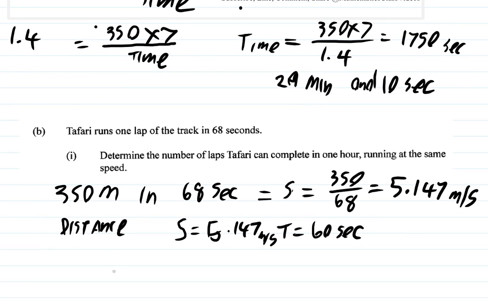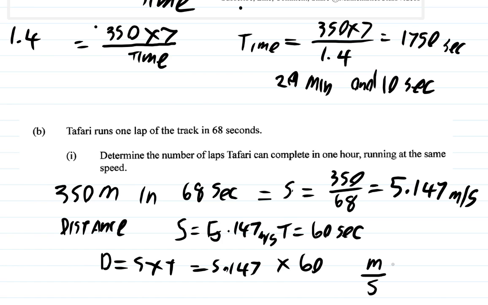What's the distance? Distance is speed multiplied by time, which is 5.147 meters per second times time of 60 seconds. Alright? And notice, this would really give you the distance, because it's a meter over second, which is meter per second, times second. Second would cancel second and leave meters alone. So you see that really is indeed distance in meters.